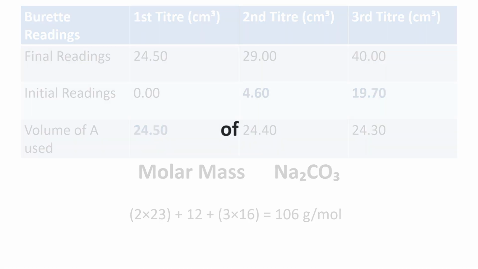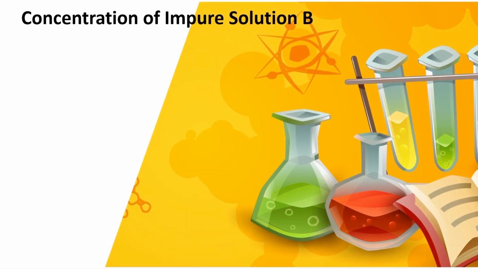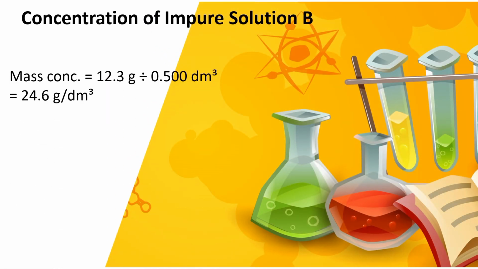Moles equals mass divided by molar mass. 12.3 grams were dissolved in 500 centimeters cube. Mass concentration of impure Na2CO3 equals 12.3 grams divided by 0.500 equals 24.6 gram per dm cube.